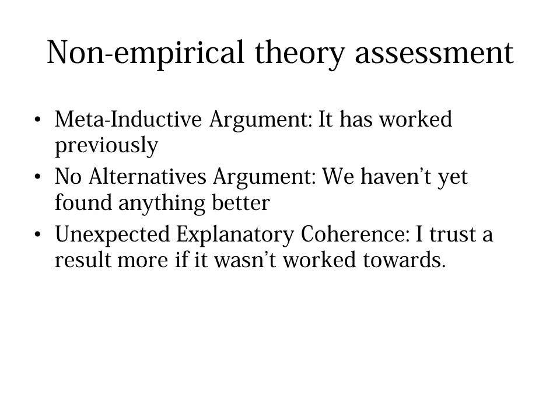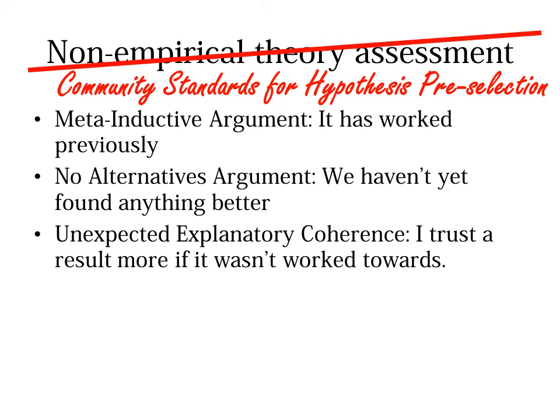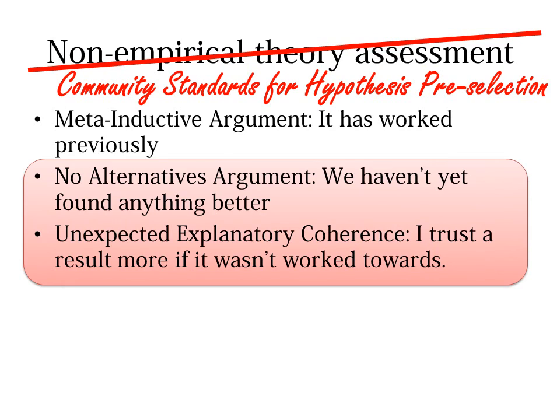The non-empirical theory assessment that Dawid is talking about is exactly this. It's community standards for hypothesis preselection. Look in particular at the non-alternatives argument and the unexpected explanatory coherence. This is basically the observation that many people are peeing at the same tree and that they trust their colleagues better if they didn't get the result they expected.